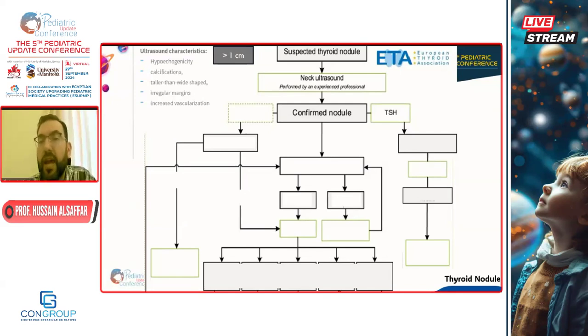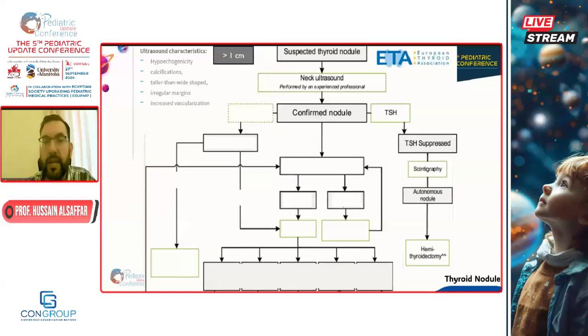So we need to look at the TSH in certain cases here. If the TSH is suppressed, we need to move from there to scintigraphy, because we might be dealing with an autonomous nodule, and if that is the case, then the hemithyroid needs to be removed.